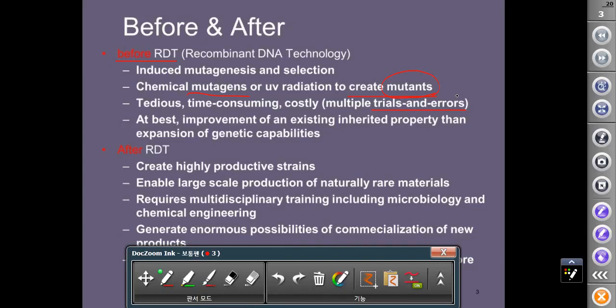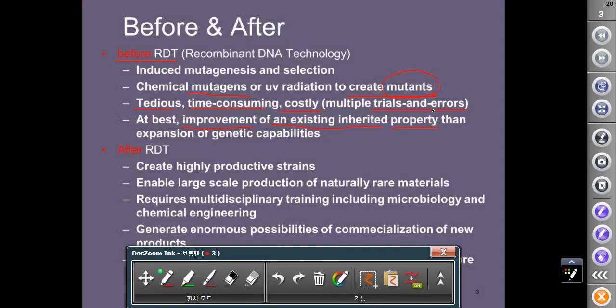Most of the time you get inferior phenotypes. So it is tedious, time consuming, and costly. You have to try over and over again until you get what you want. That's what it was, okay? At that time, without knowledge of genetic information, they just had to try many things just to improve the existing inherited property. That was the best thing that they could achieve.